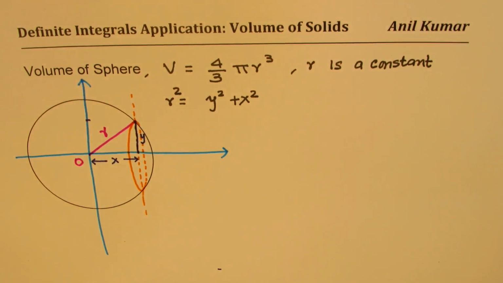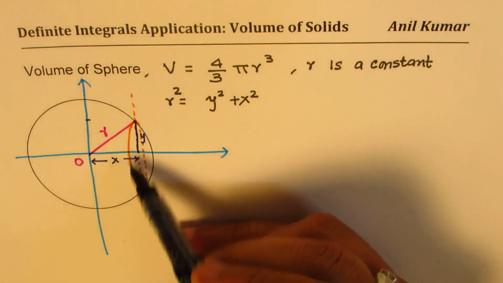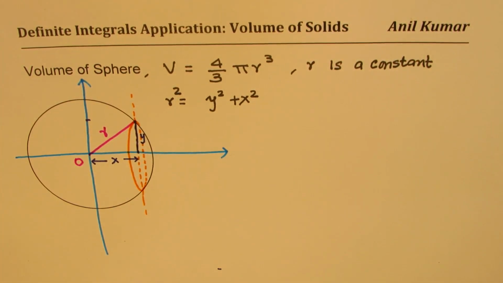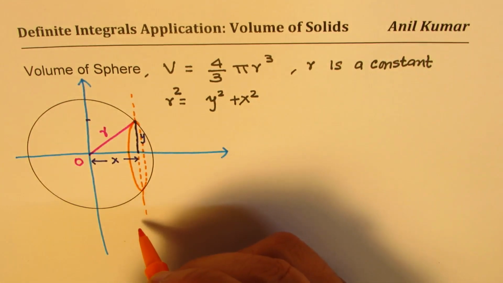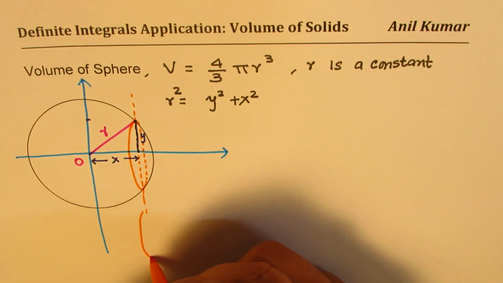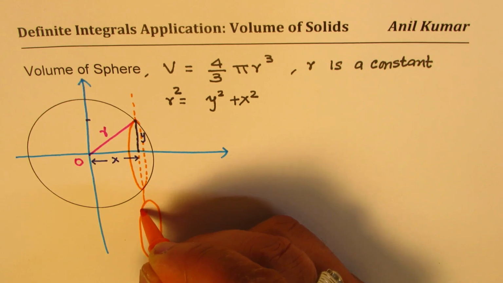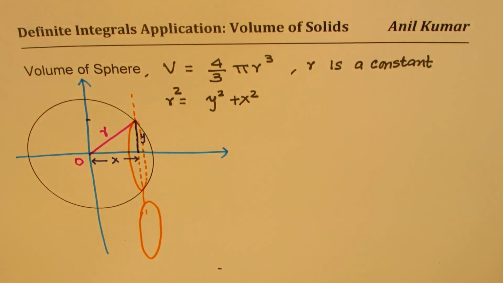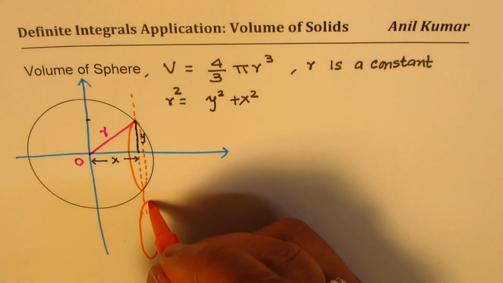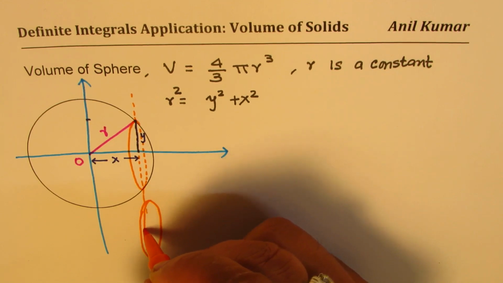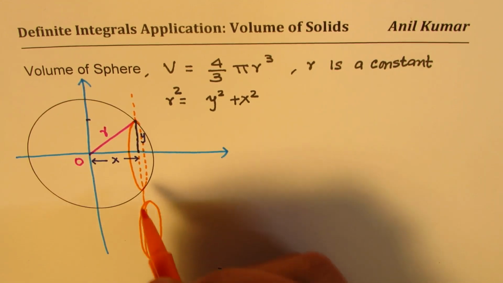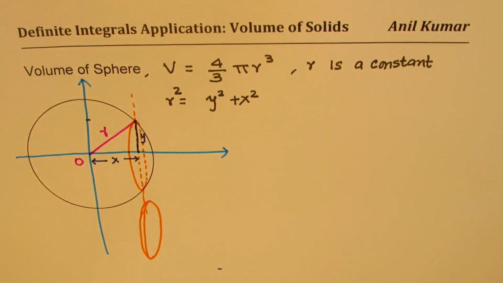Correct? Now, as far as this slice is concerned, let's look into this slice in more detail. So let's say we have this slice, which is a disk, of some thickness. So what is the area of this?